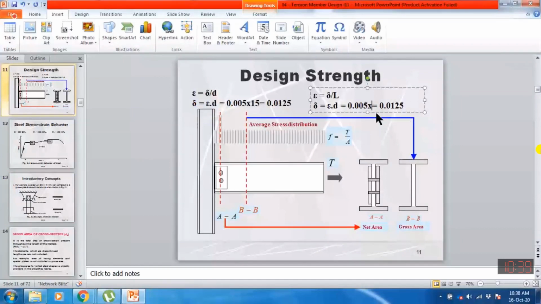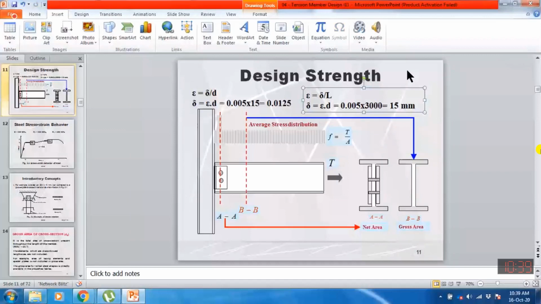If the length is 3 meter, then in that case the total deflection in this member will be 15 millimeter. And this 15 millimeter is plastic deformation. Plastic deformation means that the material has yielded. If I remove the load, the member will never come back to its original position.